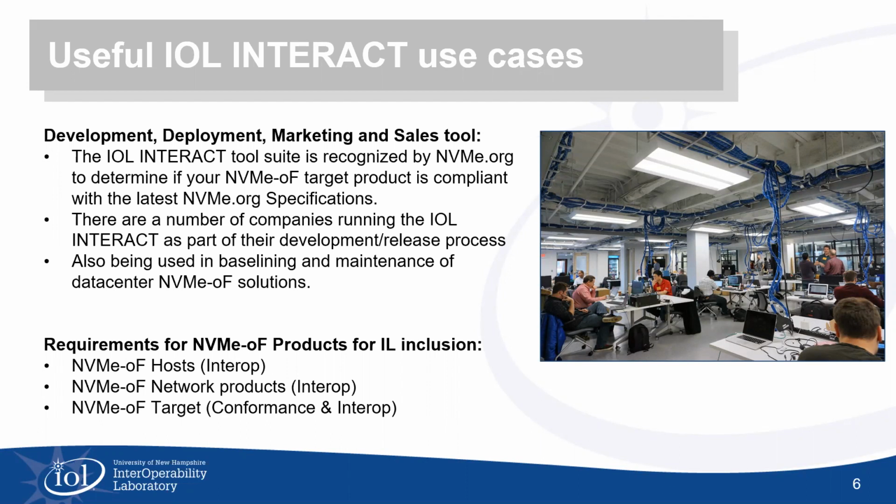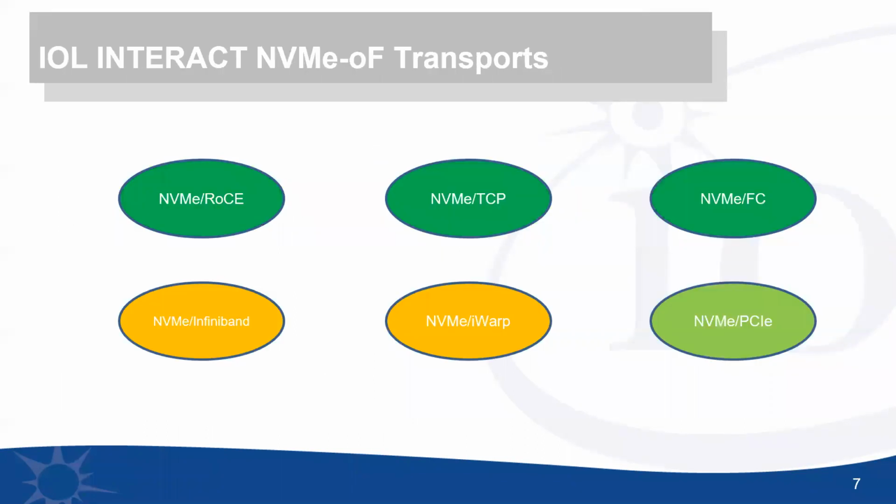But if you're a target device in a Fabrics test bed, then you need to make sure you can pass all of the mandatory tests in the Conformance test suite, as well as the interoperability test suite. So those are the hoops you need to jump through to get on the integrators list, but it's a great tool to market. And also it's a great tool that we're seeing these days being used for development as well as deployment in your various solutions. So what are the transports?